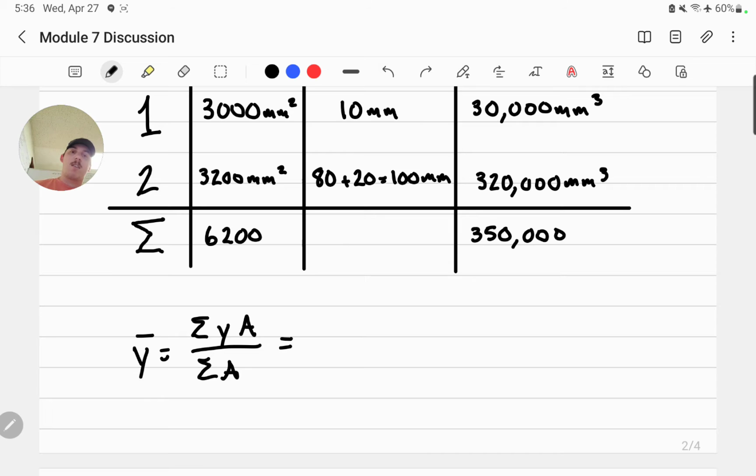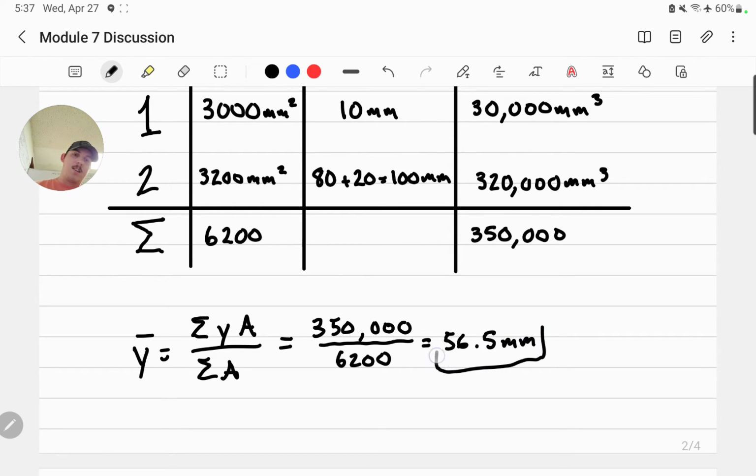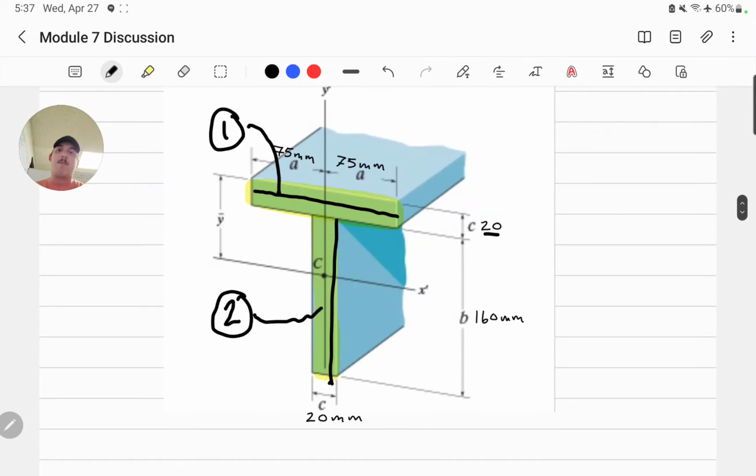So I'll take the totals, 350,000 over 6,200, and that gives me a total of 56.5 millimeters. That is the answer to Part A, and this 56.5 is this dimension here.